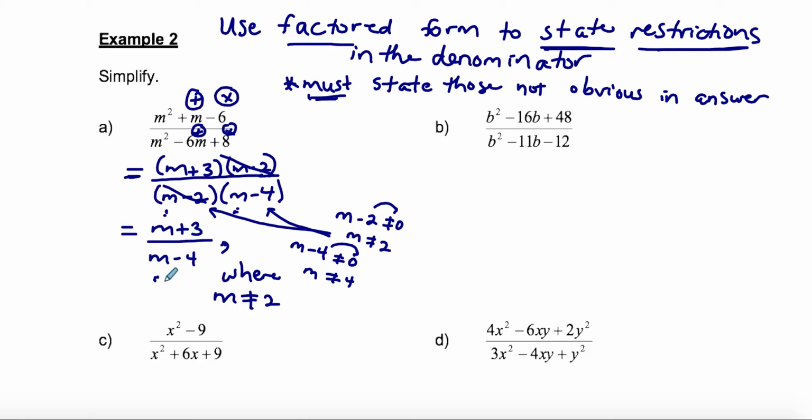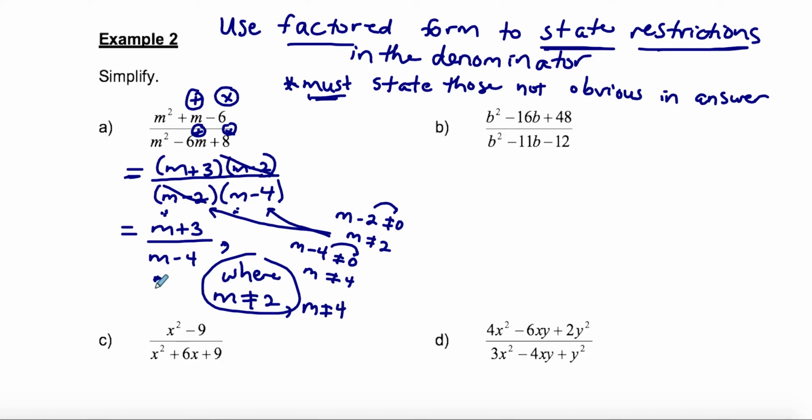What I don't see in my answer is that m can't equal 2 because it was canceled out earlier in my solution. So a lot of teachers would say, this is all you need to say. Some teachers, I don't know, it depends on the person. I don't usually require or give marks for somebody that also says m can't equal 4. I can see that in my answer.